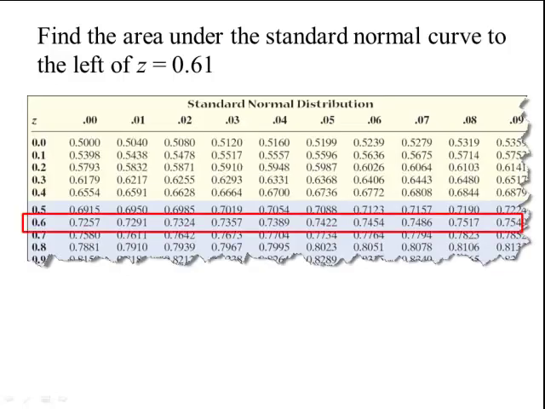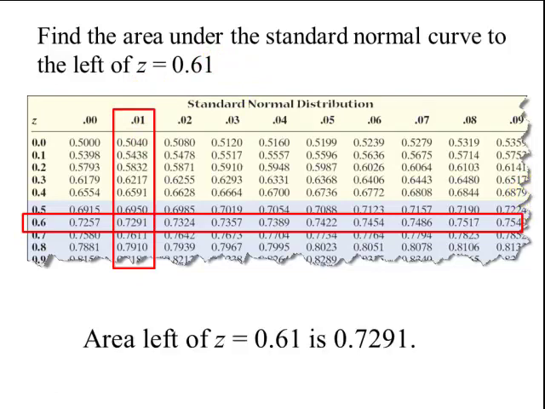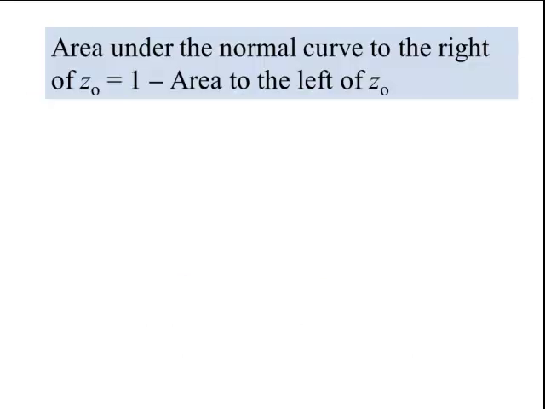So we go to Table 5, we do 0.6, and then we do 0.01 for our column, and we see that the area to the left of this z is 0.7291.